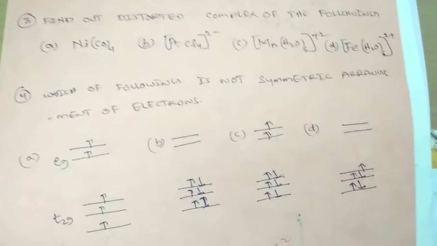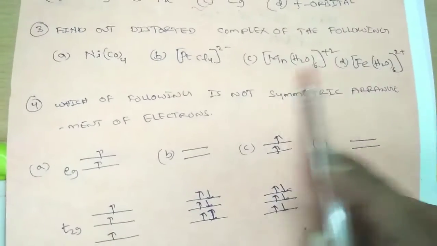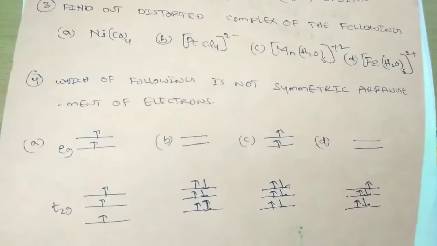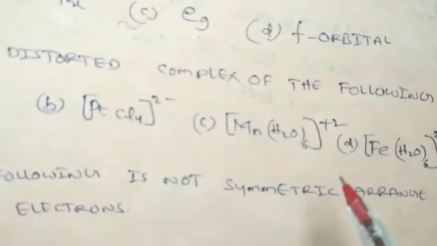We need the one having a symmetric arrangement. In hexaaqua Mn2+, electrons are filled uniformly. See here, Mn2+ is d5, the 5 electrons will be there in the valence, so equally filled. So therefore that also doesn't cause Jahn-Teller distortions.